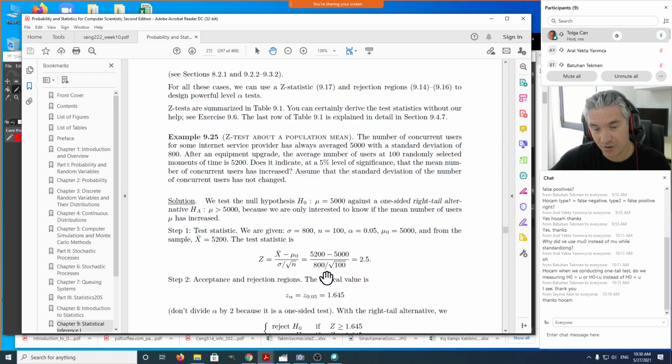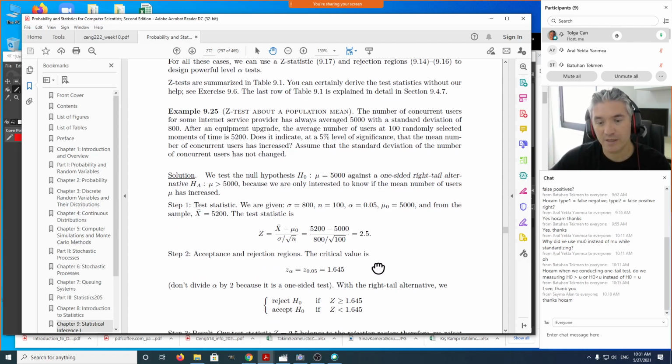If you take the difference, it's 200. How many standard errors is it away from this mean of 5,000? With the standard error given, this is 2.5 standard errors away. And this 2.5 is larger than 1.645.